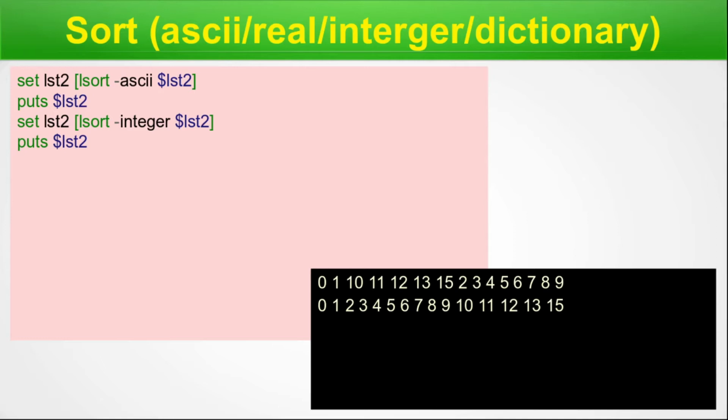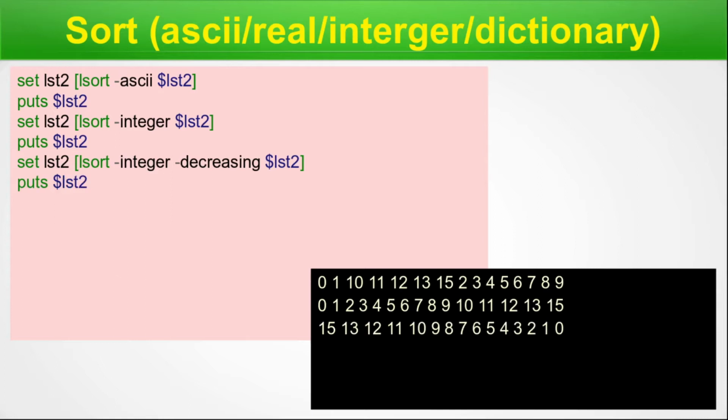In case we want to sort in a decreasing way, we have to add a dash decreasing switch to the lsort procedure, and that will do it. If we use the integer and the decreasing together, this is the output that comes. It starts from the higher number and goes to the lower number.